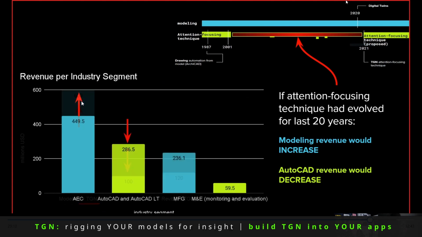And even after 20 years of BIM, their AEC revenue is 449 million, for 3 months. And their AutoCAD revenue is 64% of that.